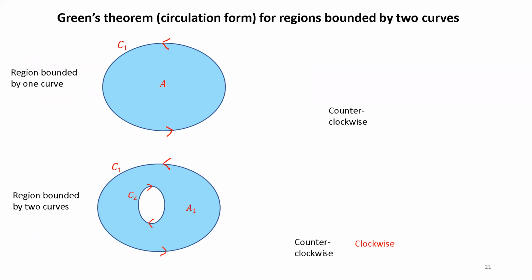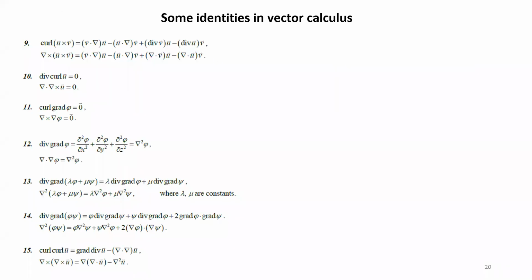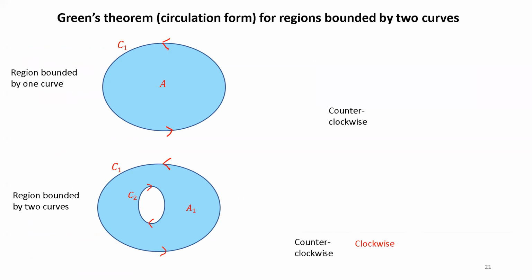I think I only have a few minutes left, but I would like to talk about just a few more remarks before we end this chapter. Remember we have learned about Green's theorem or Stokes theorem. We take the line integral along this path C, which equals the double integral of the circulation density over the region inside the curve.